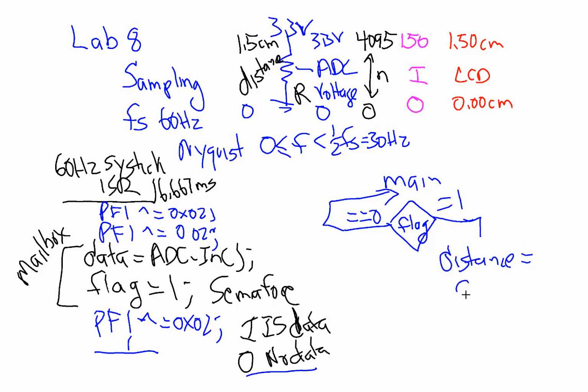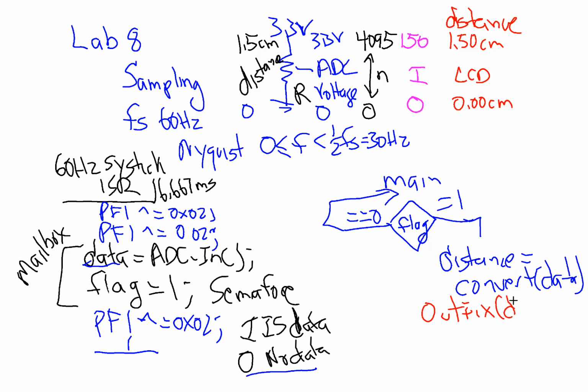I will go convert the data that I captured here into a distance. Right? This distance here is my distance parameter. And then output it as a fixed point value. Okay, we did that in the last lab. And then when I'm done, I'm going to set the flag back to 0 again.